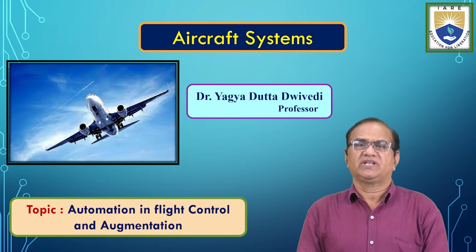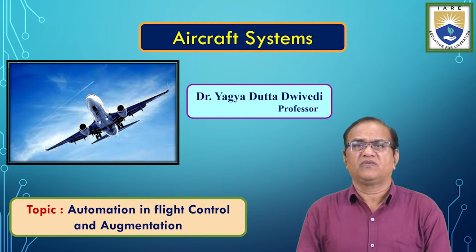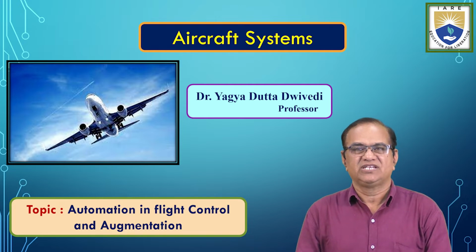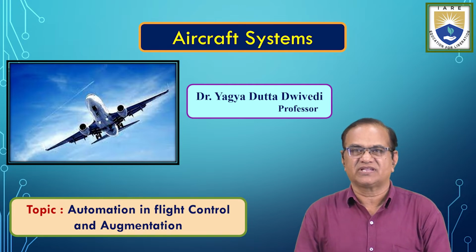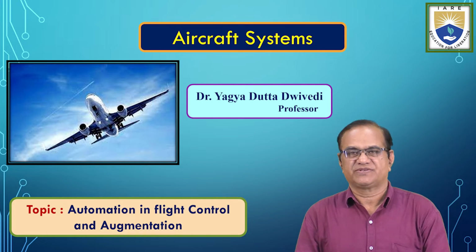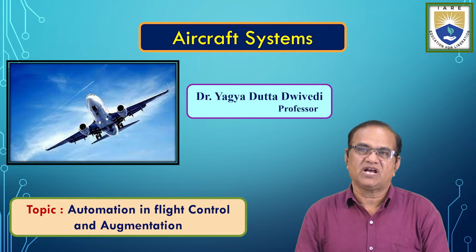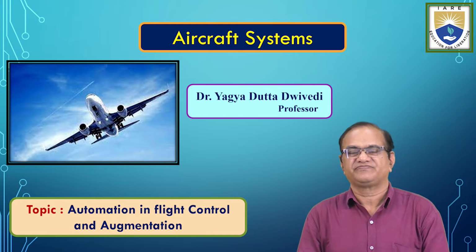If we talk about the airframe system, we have the fuselage, the wings, horizontal stabilizer, vertical stabilizer, control surfaces, landing gears, engine cowlings, and all these things come under the airframe systems. Airframe system is also called the structural systems.